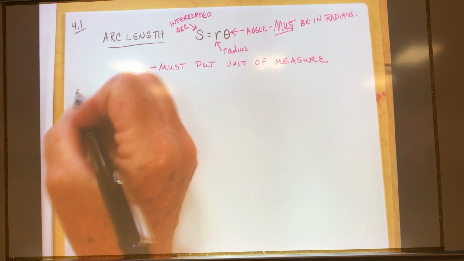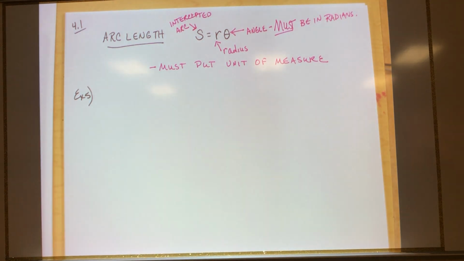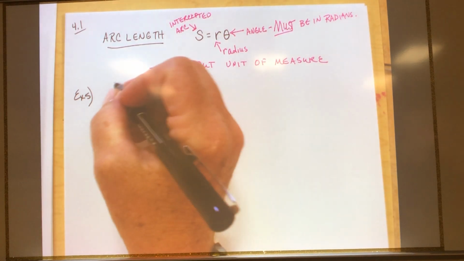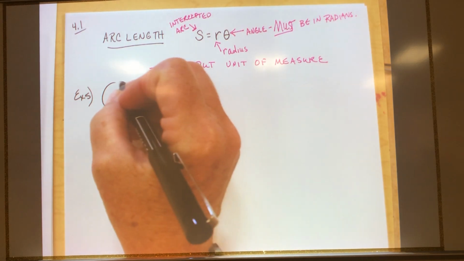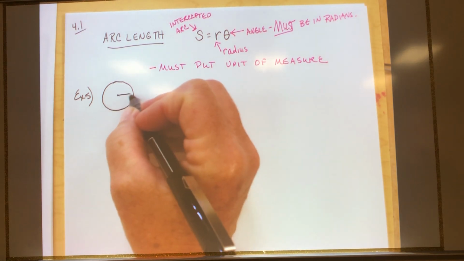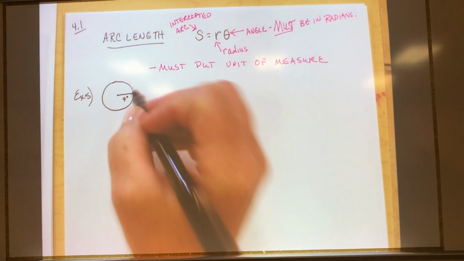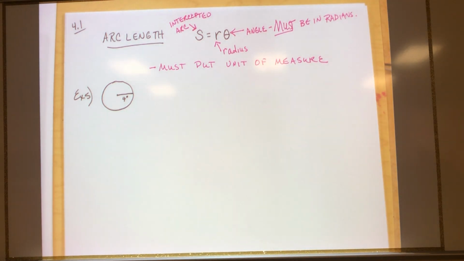First problem, example 5. So here's what it says. Example 5 says you have a circle with a radius of 4 inches. So I've got a little circle right here. I know that the radius is 4 inches. I'm always going to draw a picture, okay?